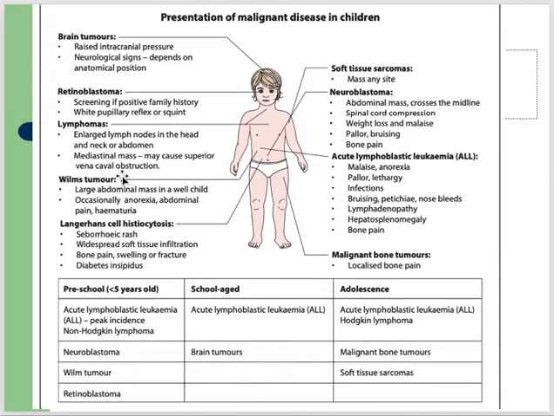This one is usually diagnosed around 2 to 5 years of age, and the kidneys are enlarged. So you see a large abdominal mass in a well child, occasionally anorexia, abdominal pain and hematuria. This is how they present. Most of these babies are asymptomatic, and they present with hypertension, hematuria, abdominal pain, sometimes vomiting.